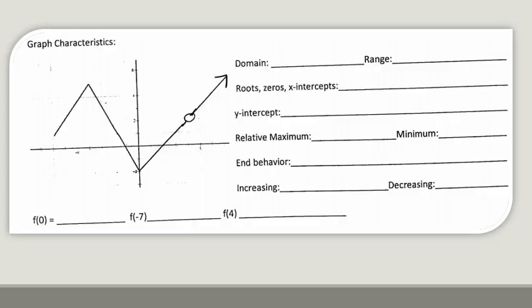So if I look at this graph, there's a couple of things that I want you to notice. First, right here, we have this place where our graph does not exist, and we actually call that a hole. So we say that we have a hole at x equals 4, and that's important because that's going to affect our domain.